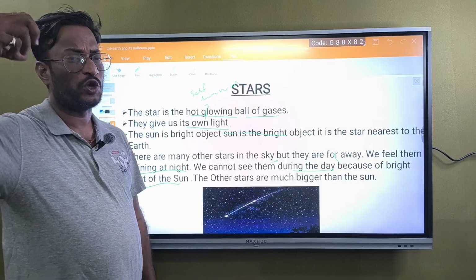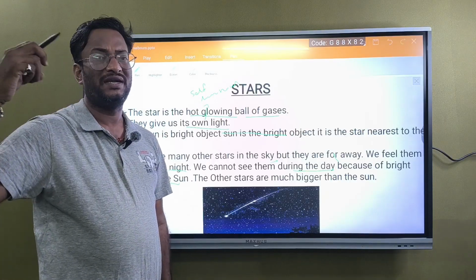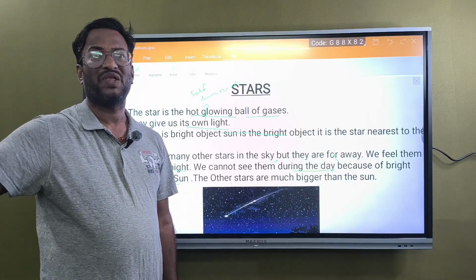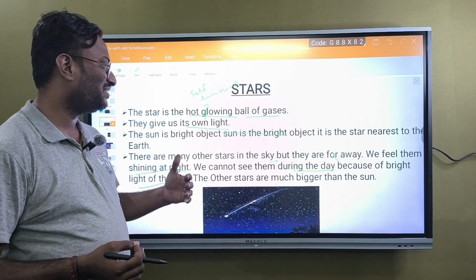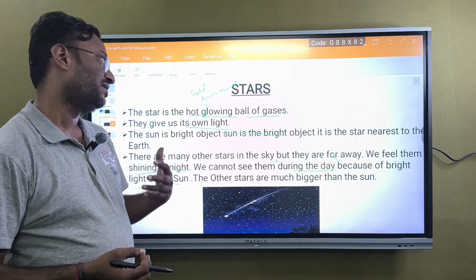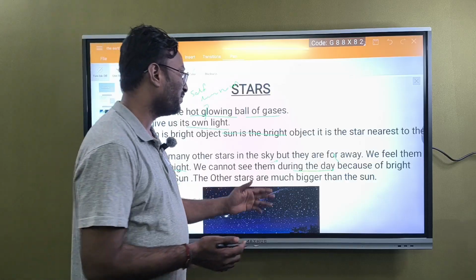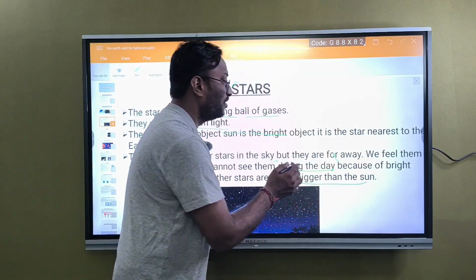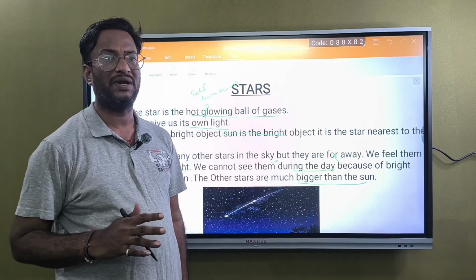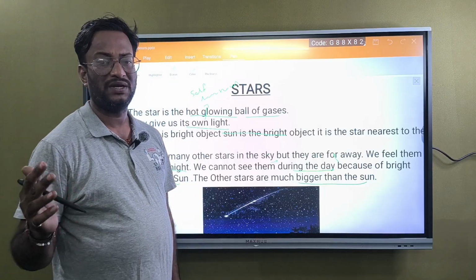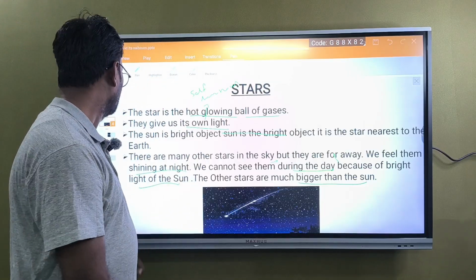The sunlight dominates, so in the daytime we cannot see those stars. We can only see them at night. The other stars are much bigger than the sun. There are so many stars in the sky that are very big compared to the sun.